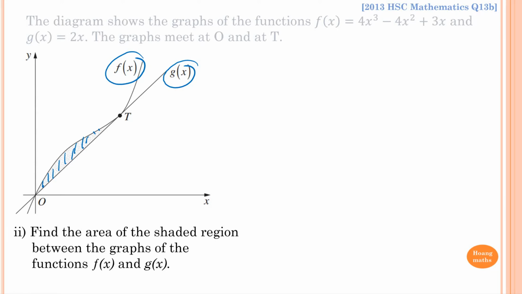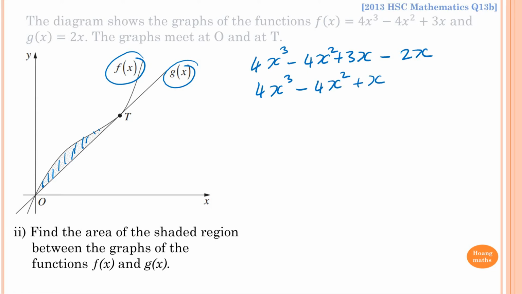We write 4x^3 minus 4x^2 plus 3x minus g(x), which is 2x, which simplifies to 4x^3 minus 4x^2 plus x. Now all we need to do is integrate.